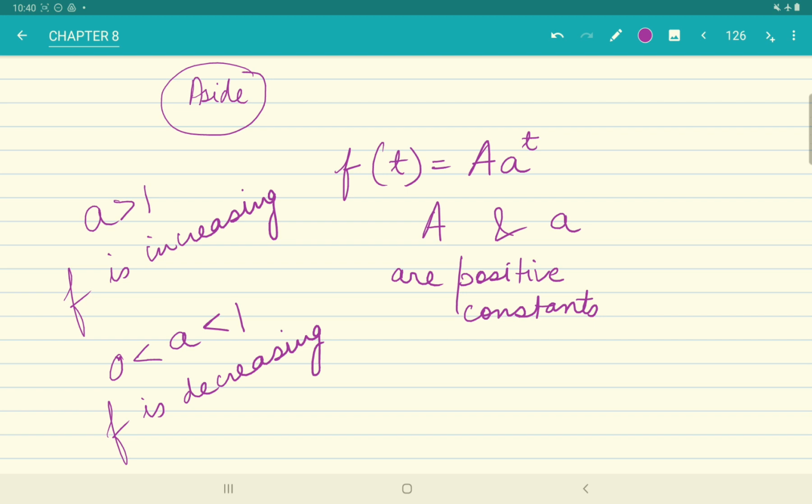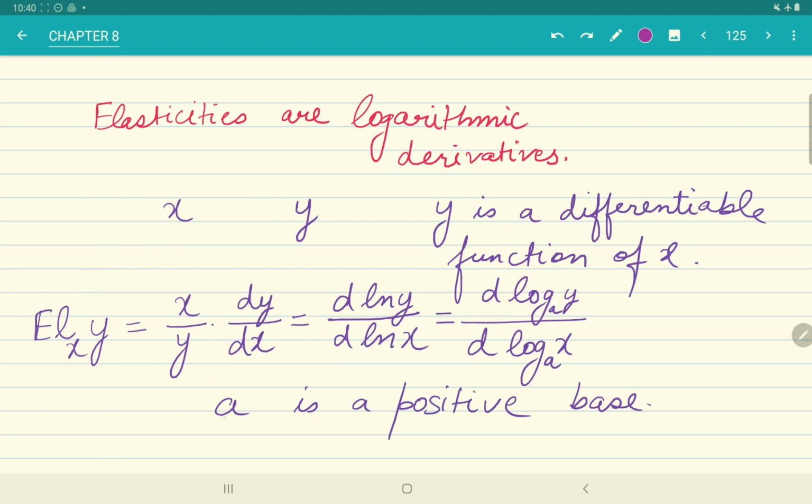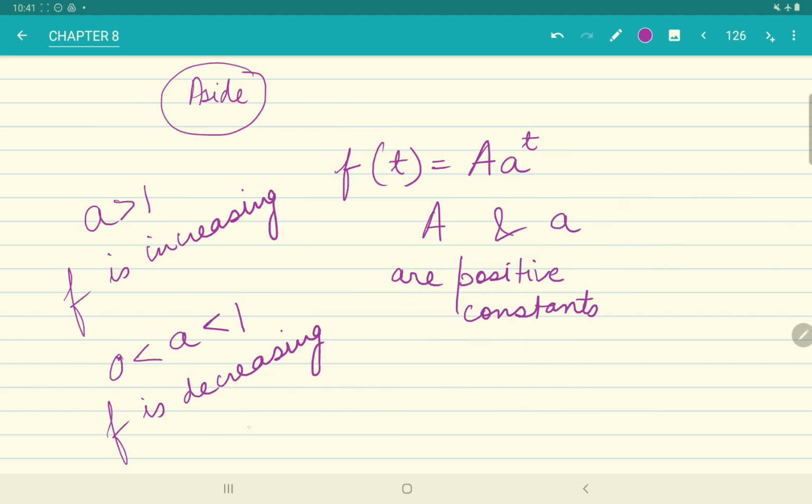That fixed factor, which is little a, has to be positive. If it is greater than 1, then the function is increasing. If it is less than 1 and greater than 0, the function is decreasing. So I hope now it's clear that this little a is a positive base for constructing logarithms. So that completes the aside.